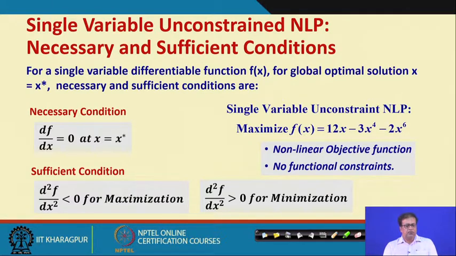We take the first derivative and put it equal to 0 at the given point, that is the optimal point, but that alone is not sufficient, that is the necessary condition. The additional condition to check for sufficiency is whether the second derivative is less than 0 for maximization, and greater than 0 for minimization. This is a simple thing that we have already seen.